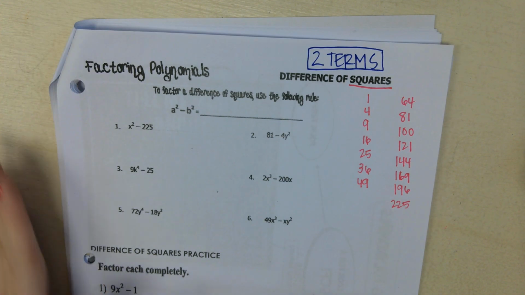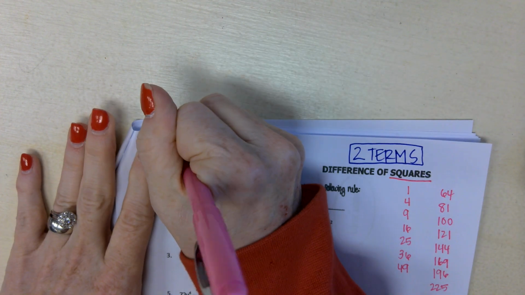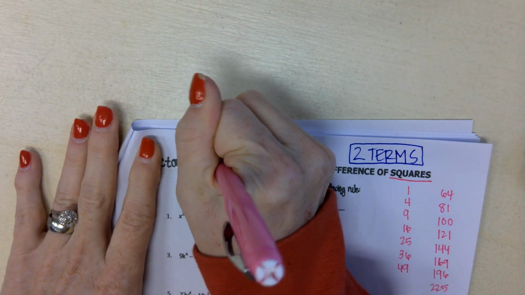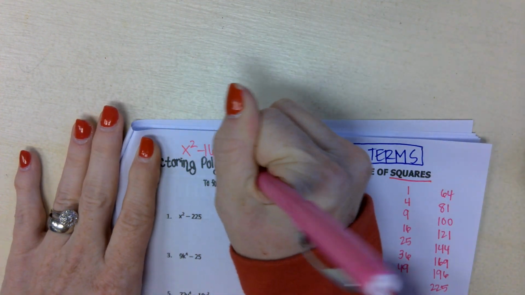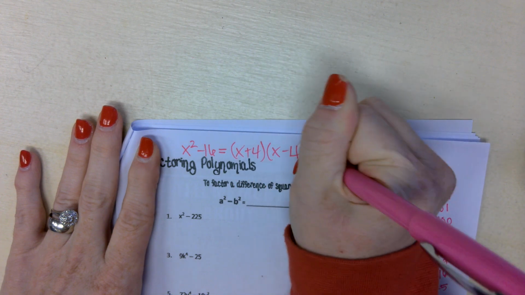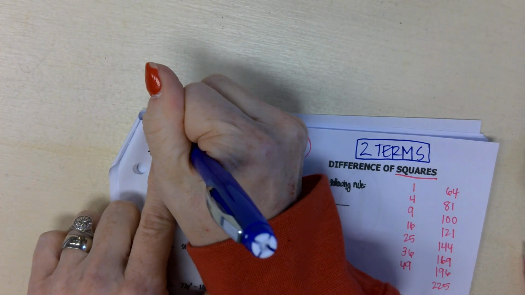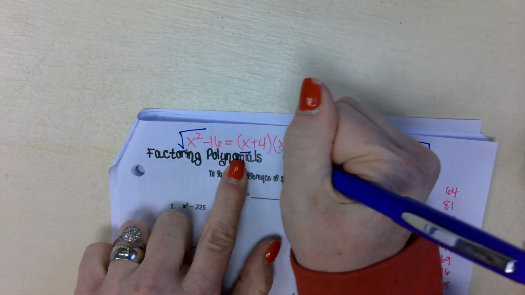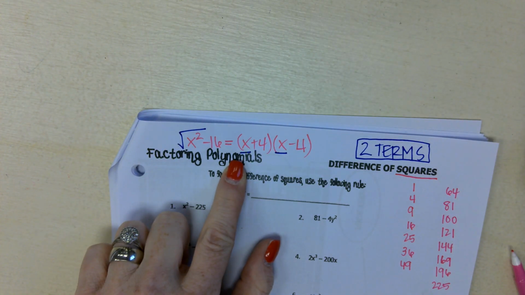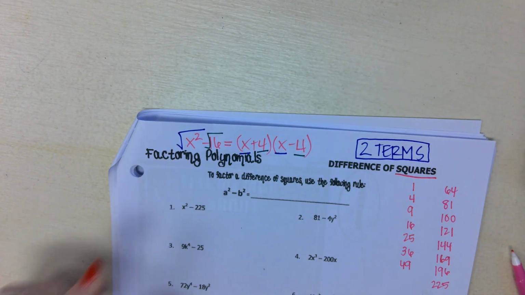All right, so all I need to do, okay, I had x squared minus 16, right? X squared minus 16 factored into x plus 4 and x minus 4. Does everybody see that the square root of x squared is x and the square root of 16 is 4?